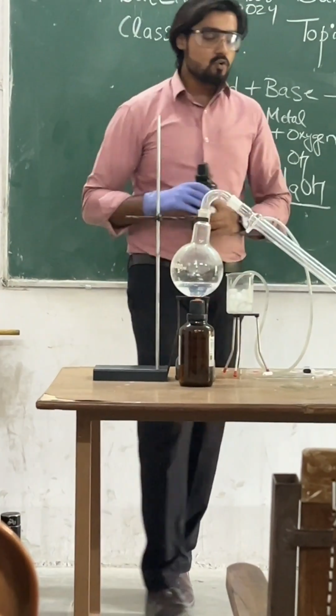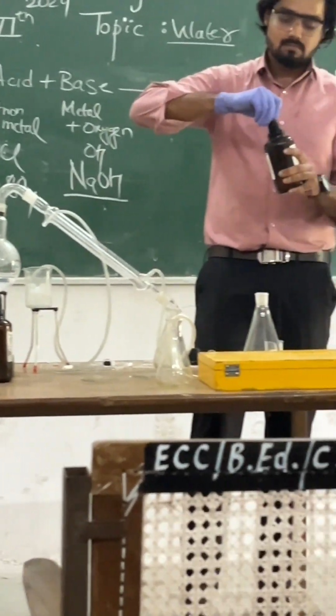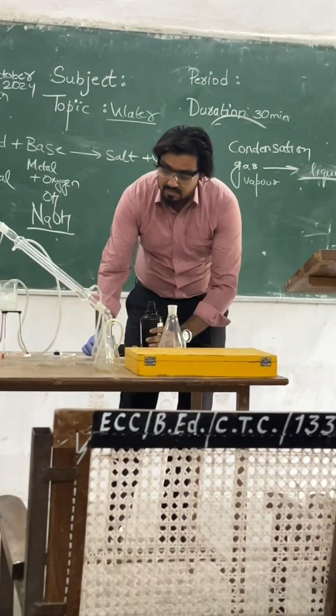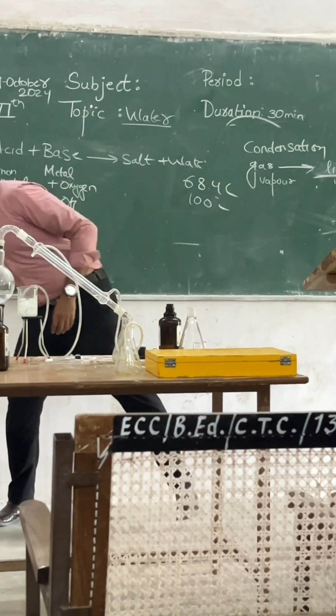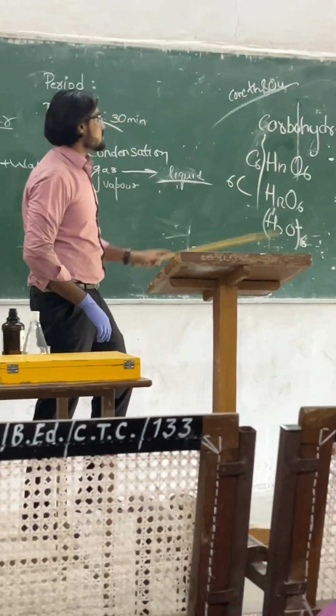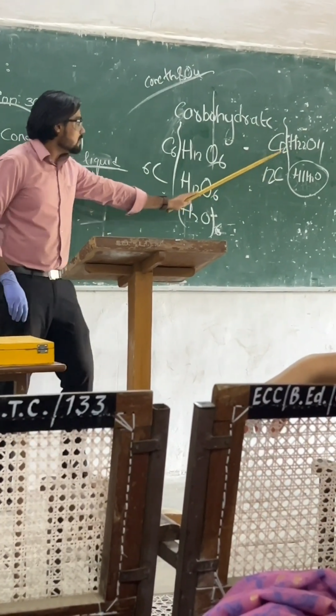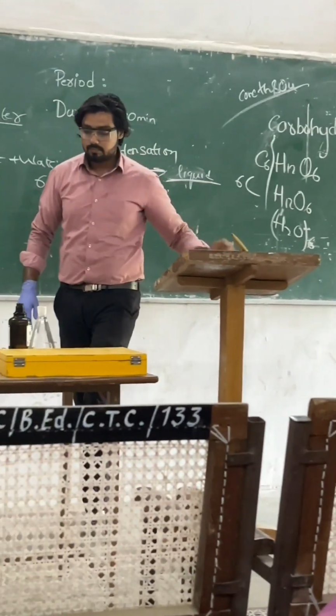And now I am going to add sulfuric acid, which is concentrated in nature. As we have already seen, cane sugar will be dissociated into 12 carbon plus 11 H2O.